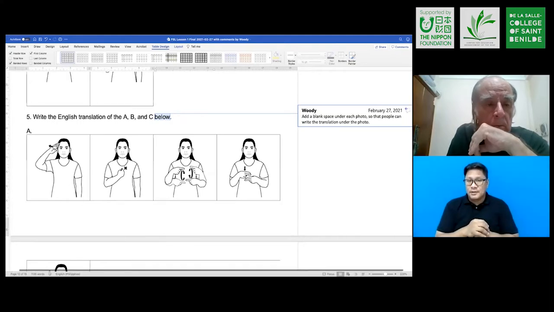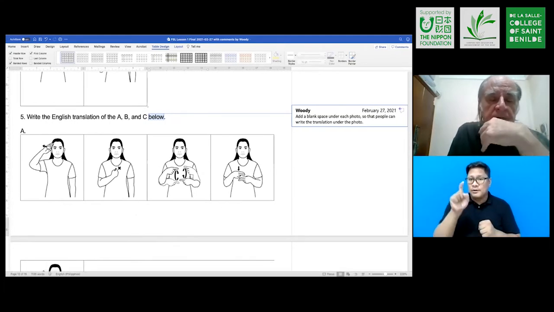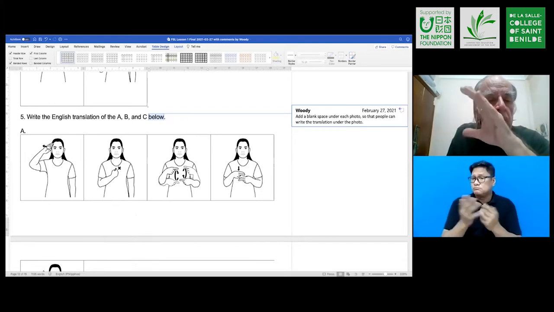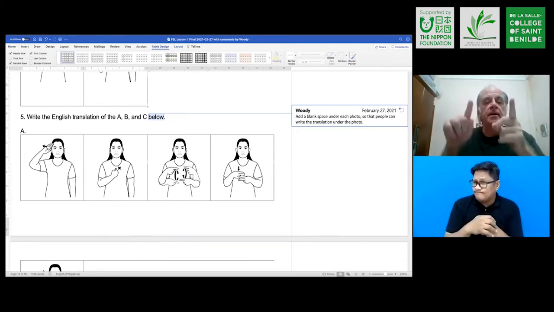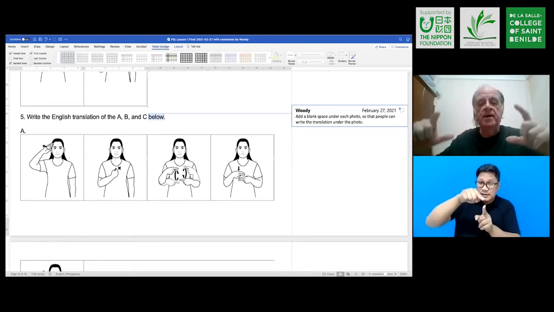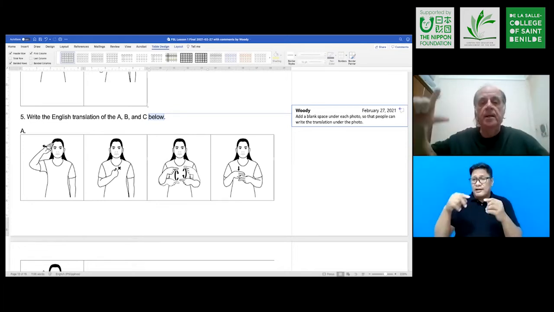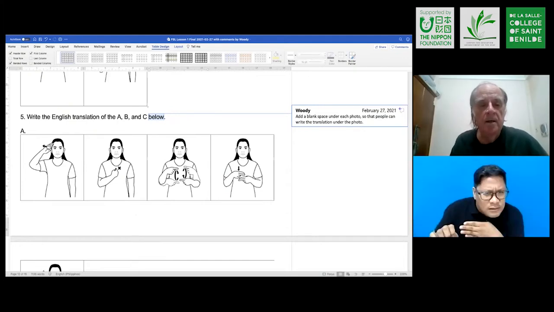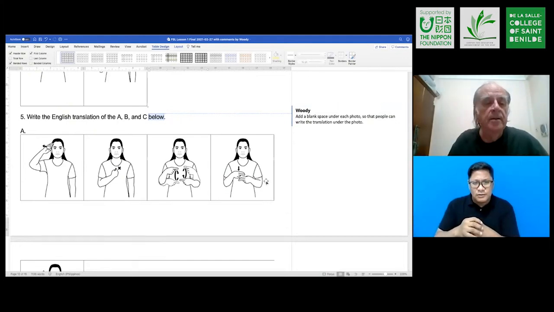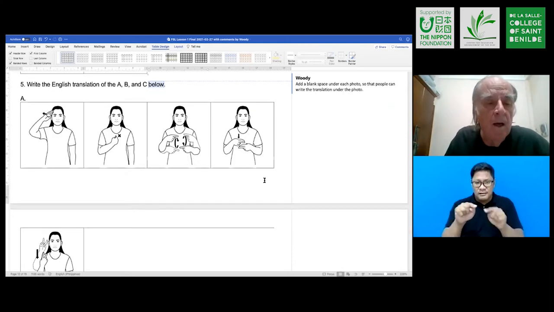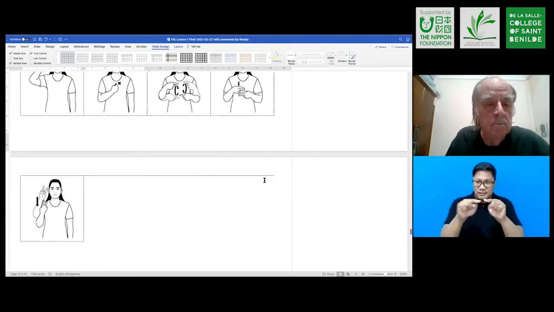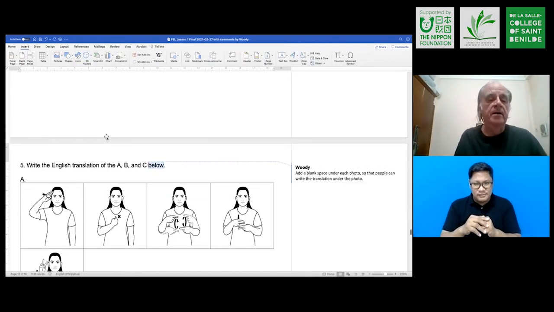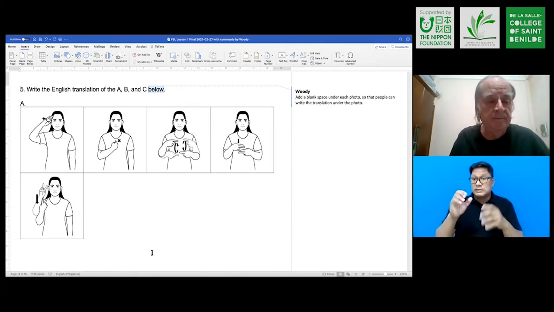Now you're going to write the whole English translation. So you may want to delete the lines in between each sign. Just have a line at the beginning and a line at the end, or a vertical line. And then you also want to have a space underneath the sentence.